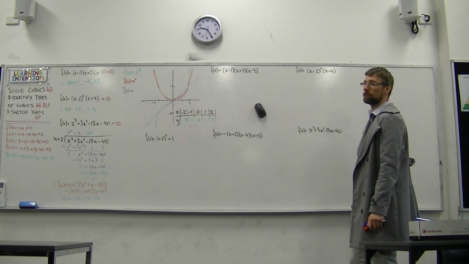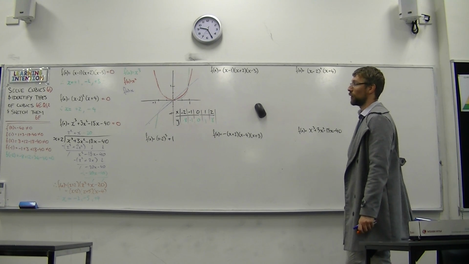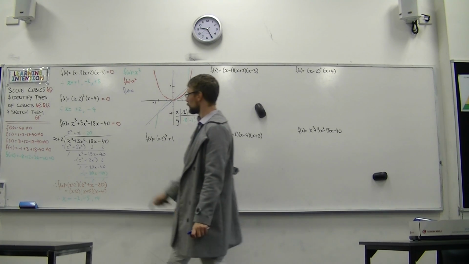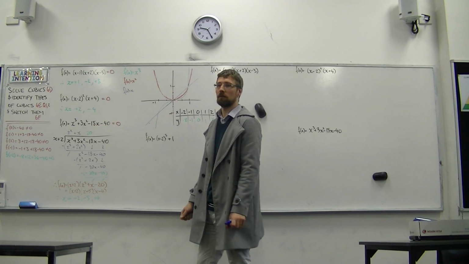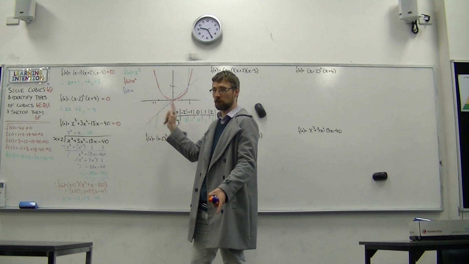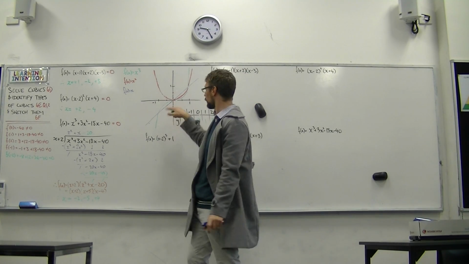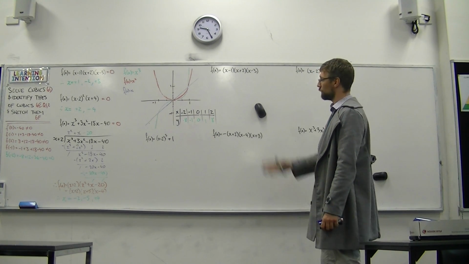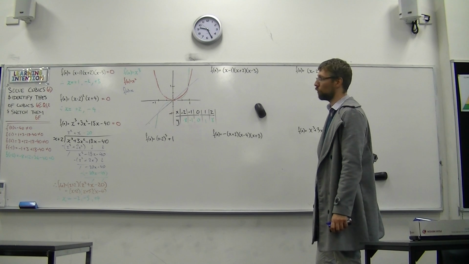What is this called? Hyperbola? What kind of equation is this? A polynomial. It is a polynomial, specifically degree 3, which is called cubic. So this graph is cubic. So that's what a basic cubic will look like.